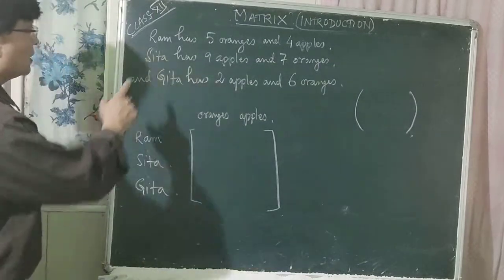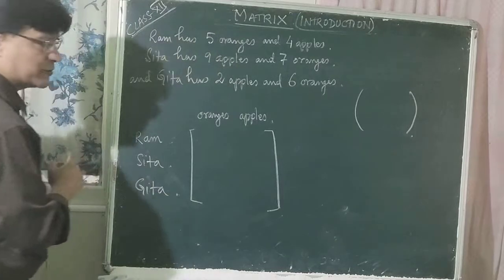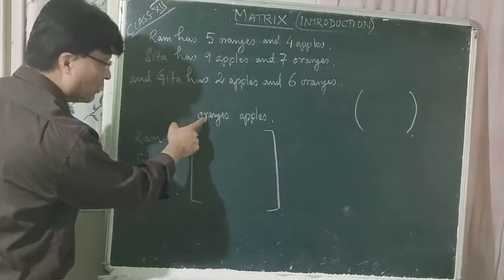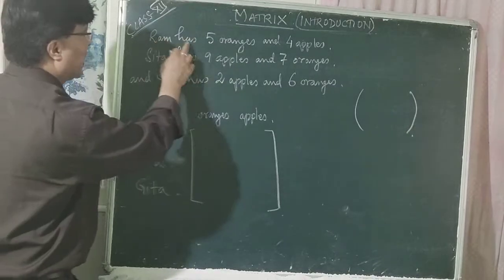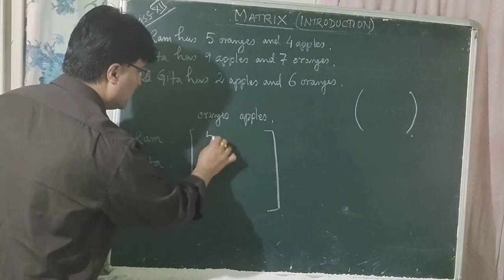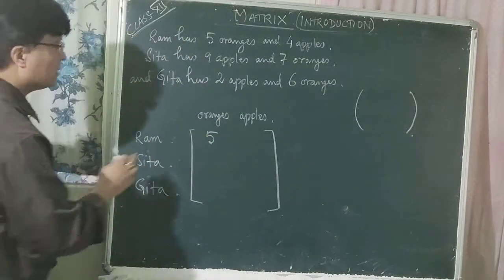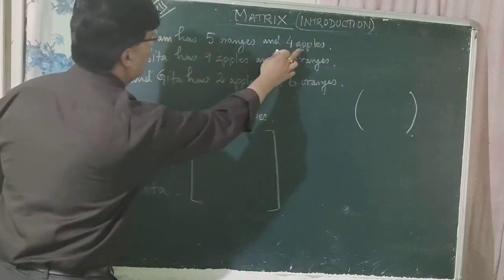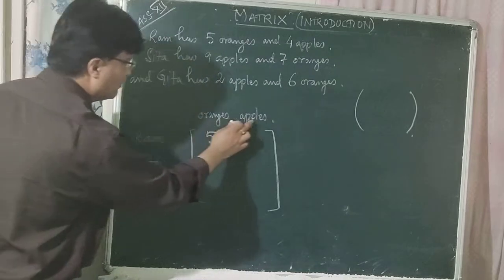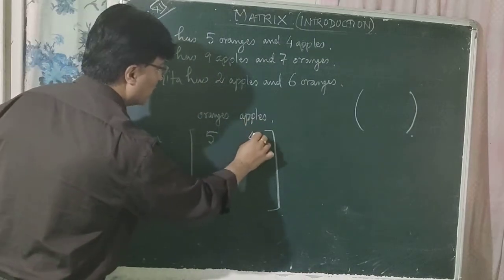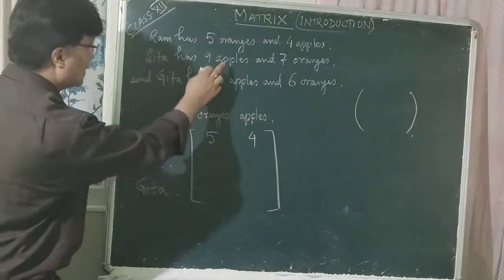Now Ram has 5 oranges. So we write how many oranges does Ram have? 5. How many apples does Ram have? 4 apples. Next, Sita has 9 apples.